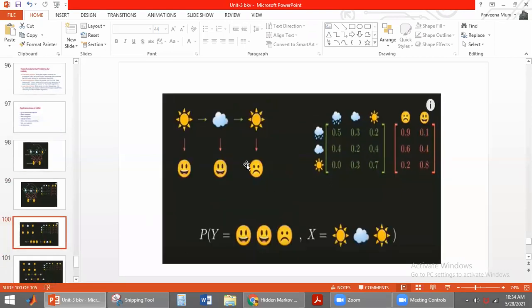Now we have only the observed variables, that is, whether the person is happy or sad. Based on the person's mood, you need to predict the weather. Now the person's mood is happy, happy, sad. What is the probability that the person is happy, happy, sad, given that the weather is sunny, foggy, sunny?